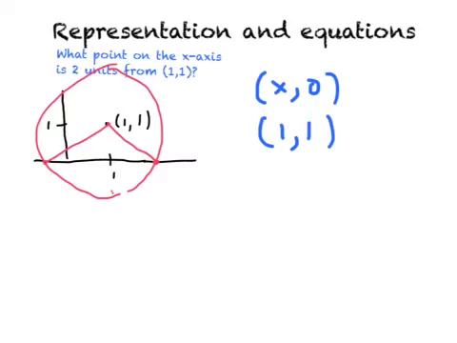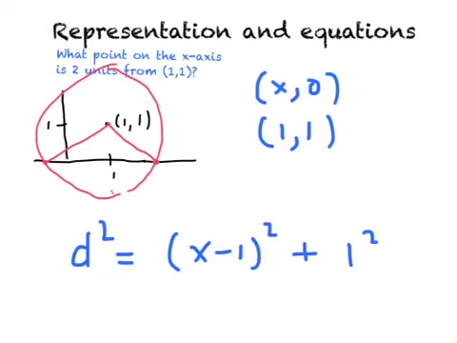The distance squared is going to be equal to x minus 1 squared plus 1 squared. And what is it that we want the distance to be? We want it to be 2 units, so 2 squared is 4. So at the end of the day, our equation is 4 is equal to x squared minus 2x plus 1, plus 1.